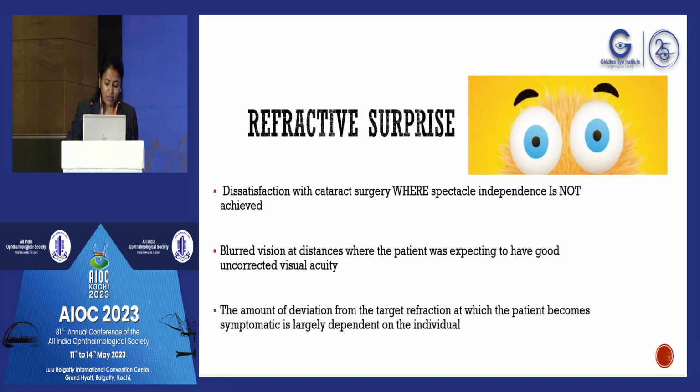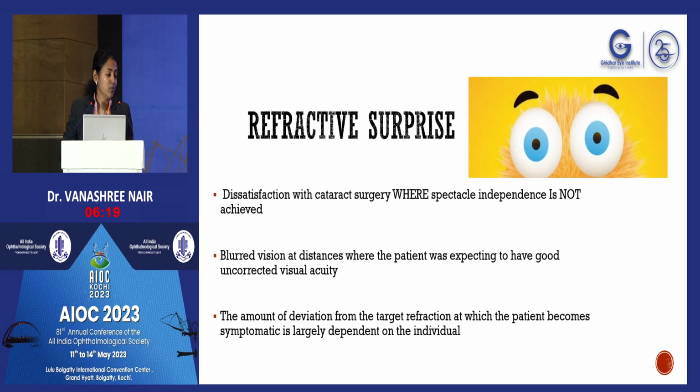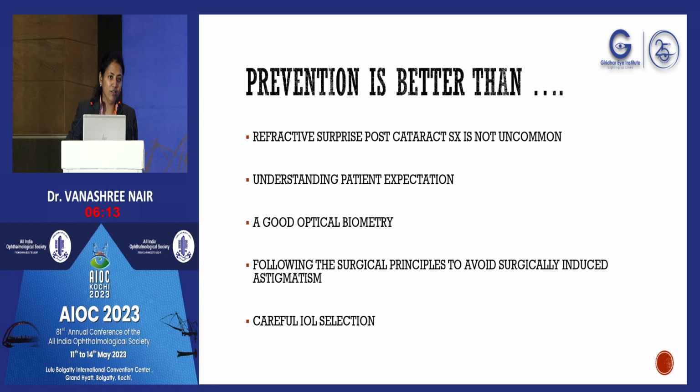So there is a refractive surprise that comes in where the patient is dissatisfied and the spectacle independence that we promised to the patient has not been achieved. So where do we draw the line? Where can we get the best results? We heard how we can achieve it.